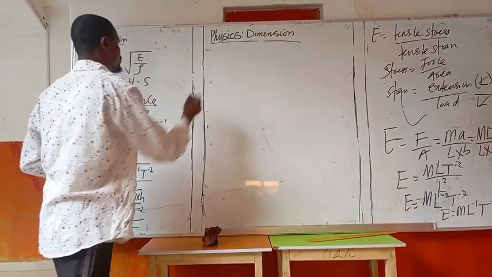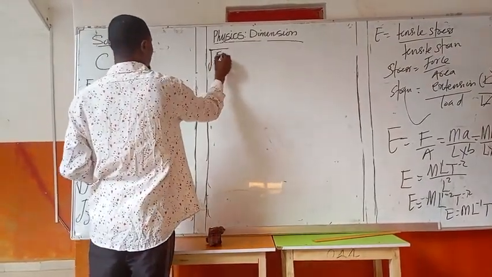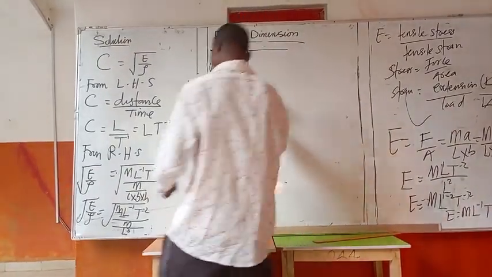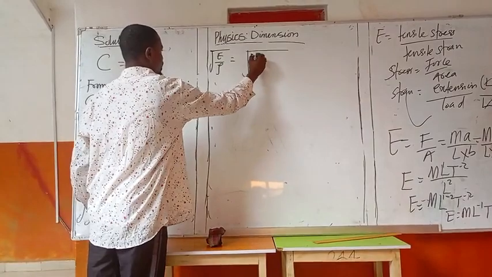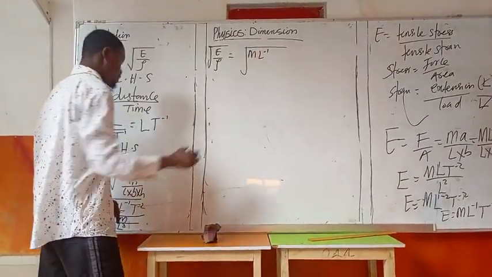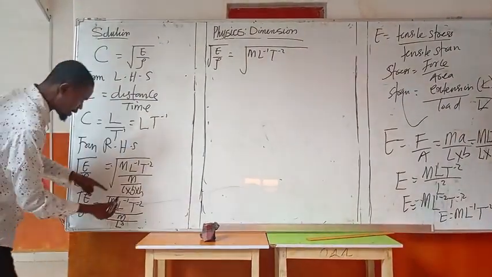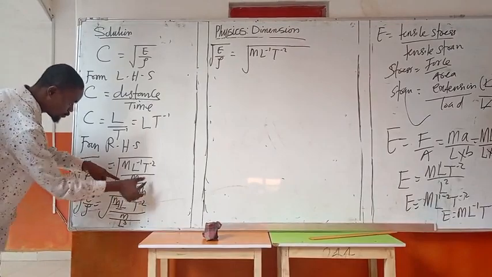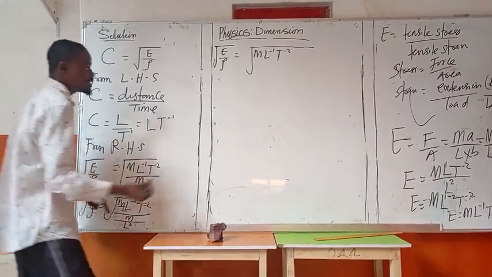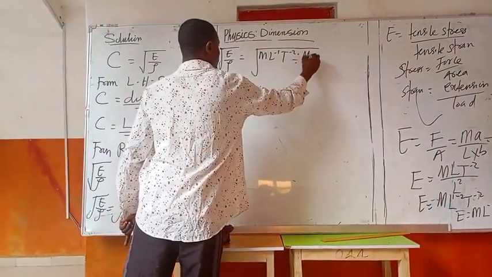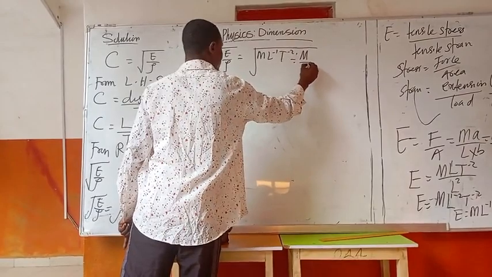So from here I have the square root of E over rho is equal to the square root of M L raised to the power minus 1 T raised to the power minus 2, divided by the density, which is M all over L raised to the power 3.